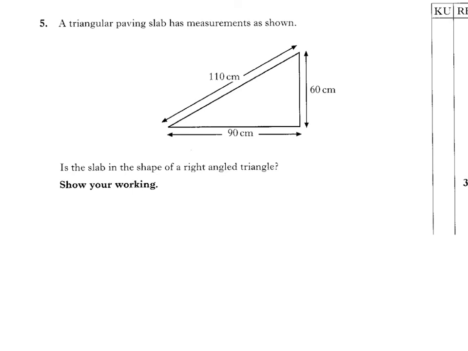So 110 squared, and let's see if that's equal to 90 squared plus 60 squared. So in the calculator, enter it in. So 12,100. 90 squared plus 60 squared is going to be 11,700.